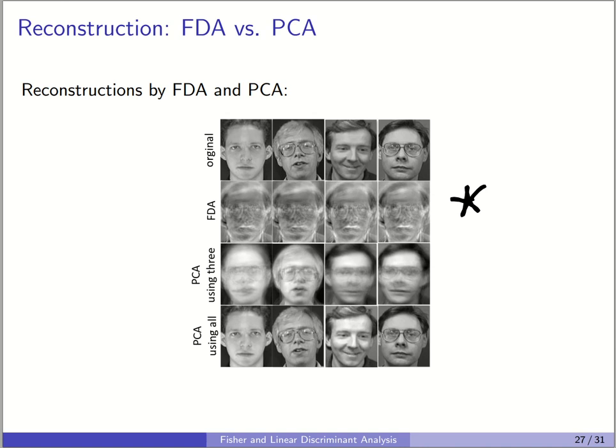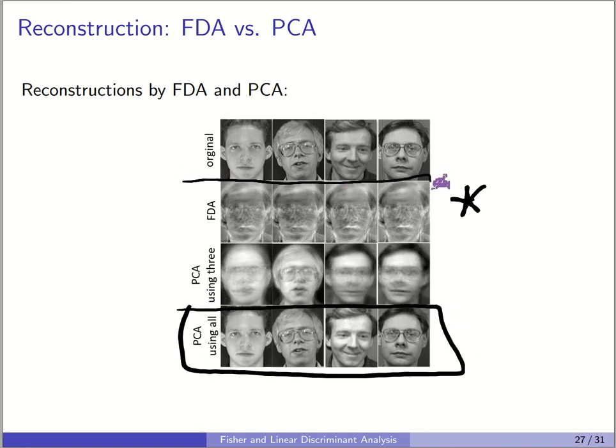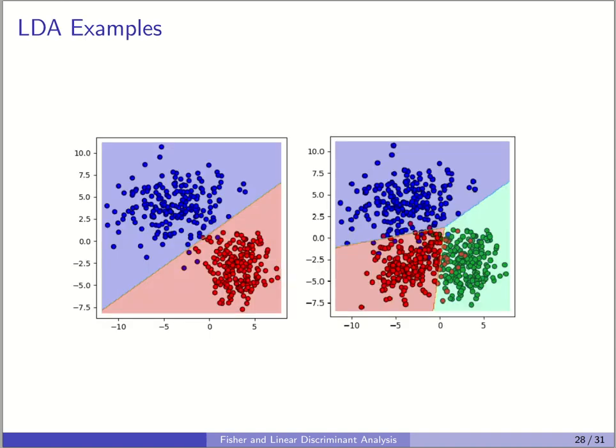Therefore, you can see PCA using all eigenvectors reconstructs very well, although reconstruction in FDA is not good. And PCA using only 3 eigenvectors reconstructs well enough, but not perfectly. This is an example for LDA with 2 classes and with 3 classes.